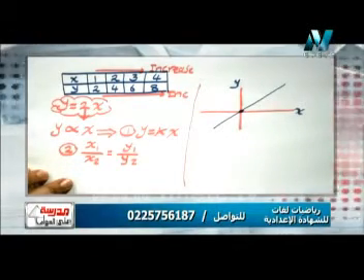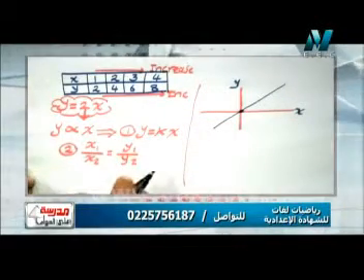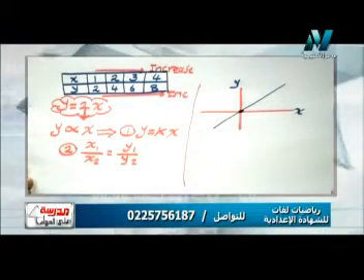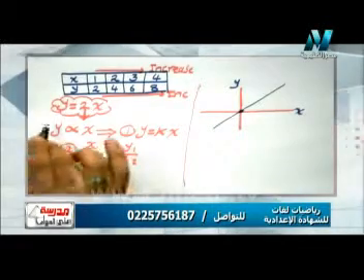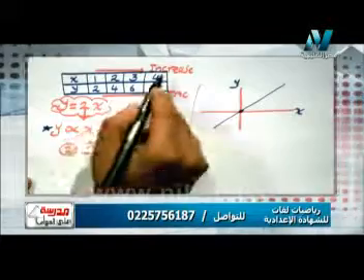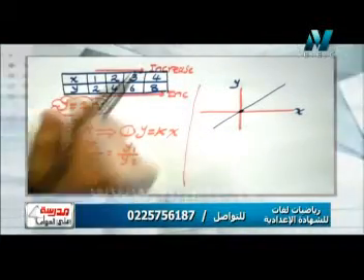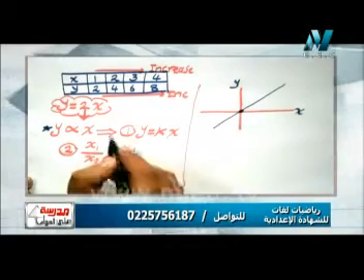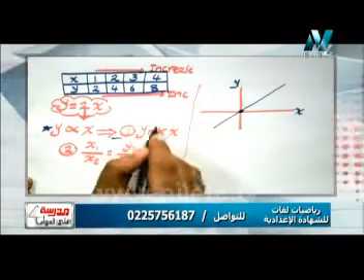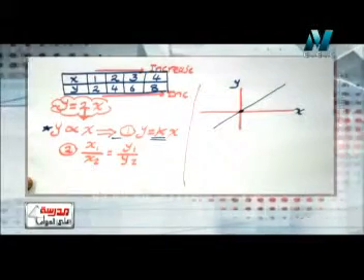Here we have the summary of this part. The direct variation is given by the rule y varies as x. Direct means two variables increasing together or decreasing together. The first rule, y equals kx, where k is the constant of the variation.